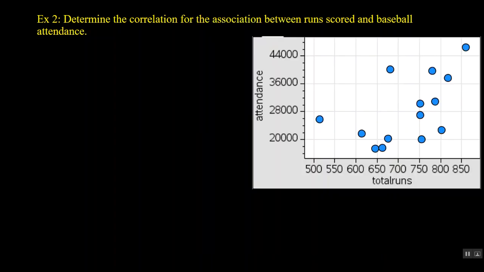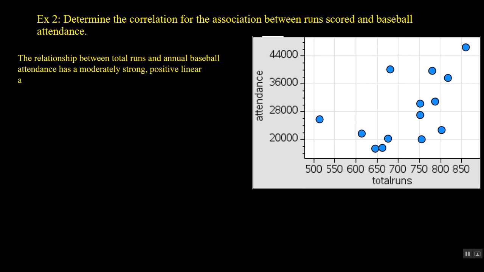Okay, so we have the scatter plot. Let's go ahead and analyze it using DUFS: direction, unusual, form, and strength. The relationship between total runs and annual baseball attendance has a moderately strong positive linear association.